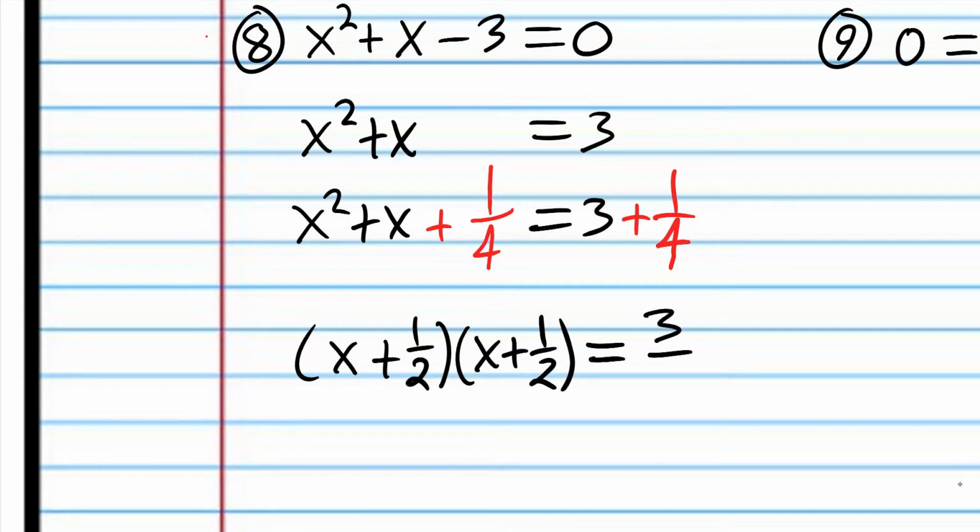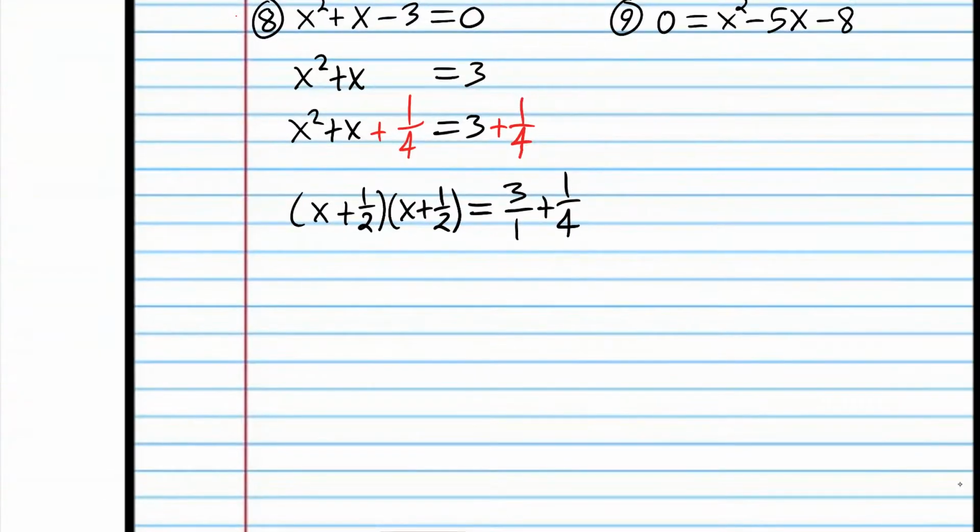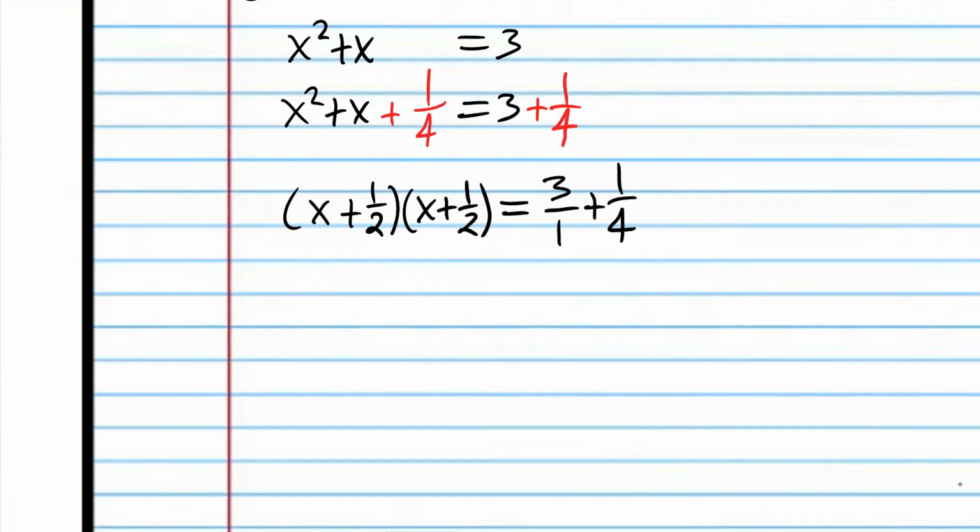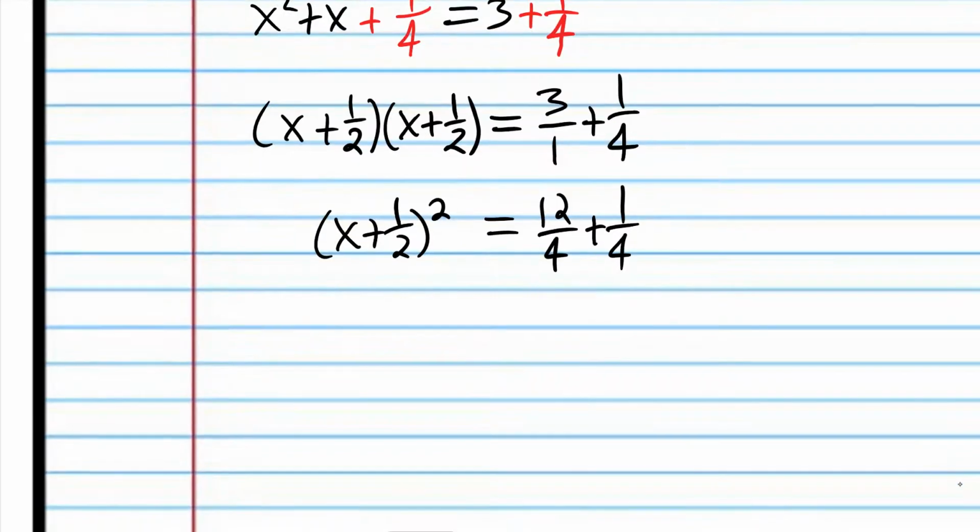And then we're going to have to write that as 3 over 1 plus 1 over 4. Multiply both the numerator and denominator of 3 over 1 by 4, and we get 12 over 4 plus 1 over 4. Change this into power notation. And then we get 13 over 4 is equal to the following.